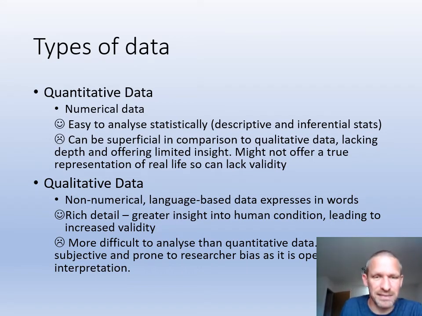Whereas qualitative data, non-numerical language-based data, so words, sentences, has that rich detail. And if I've got lots of data where students have written a paragraph on how they feel about psychology, that gives me a much greater insight into what they're doing. So probably more valid than a score of 7.2 or whatever I said.